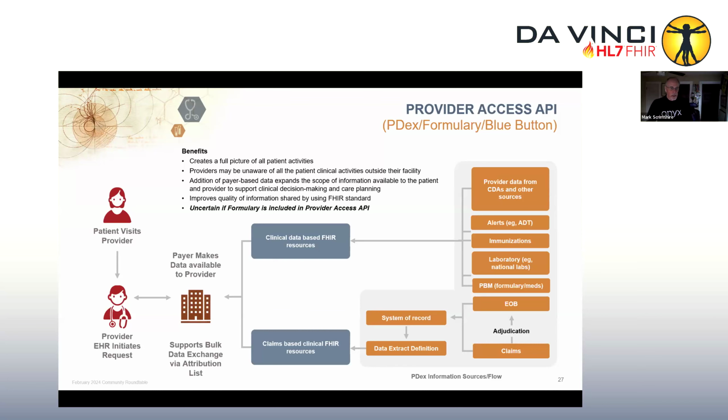They will also potentially be able to take data from other sources to keep those attribution lists up to date. Providers or a representative of theirs will be able to come in using those attribution lists to pull the data that we've talked about, the non-financial view of claims, any clinical data, and particularly those prior authorizations, and be able to receive those via a bulk FHIR API.